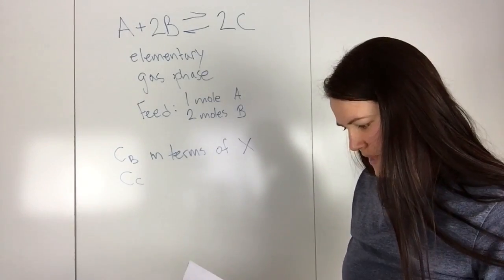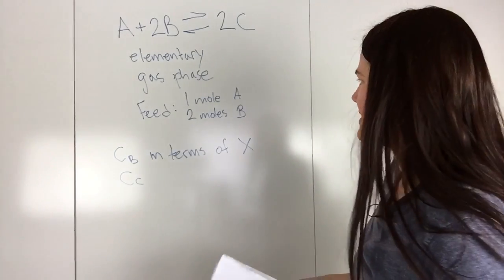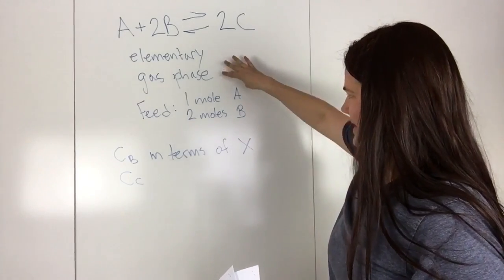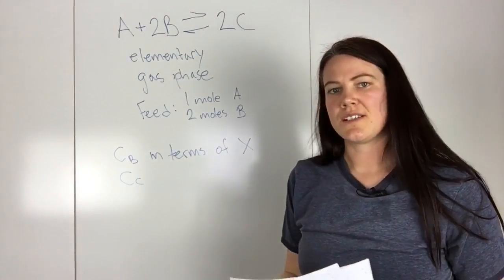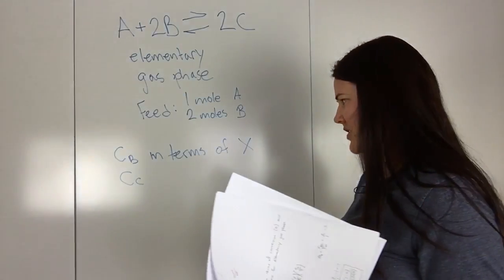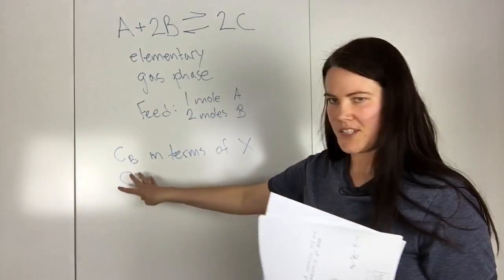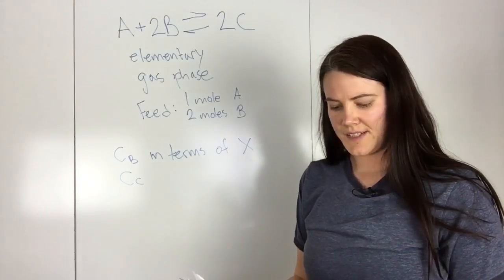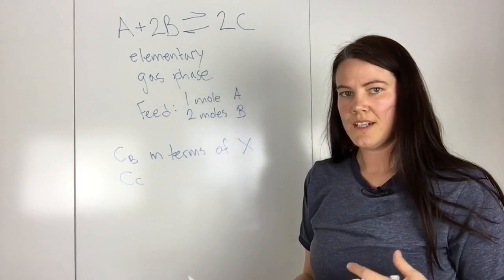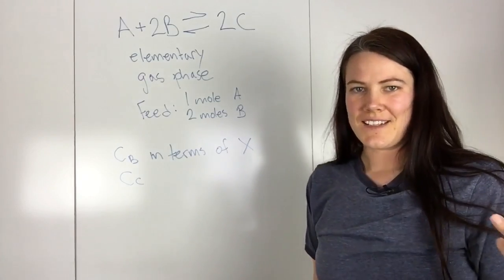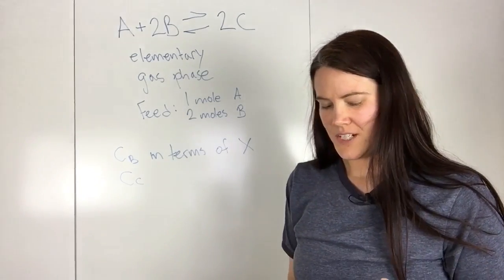So the way you do these problems is you know all this information. You know it's gas phase, you know it's elementary. So you can go to chapter 3, where there are several charts relating the concentrations to conversion. Based on the information you're given, you just pick an equation off the chart. I'm not saying that you shouldn't understand where the equation came from.